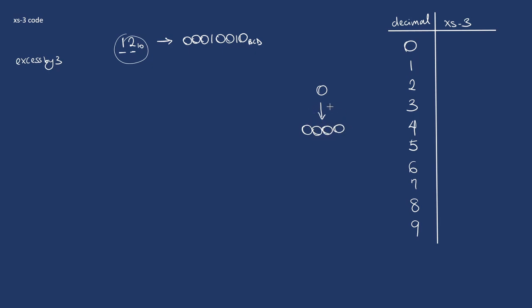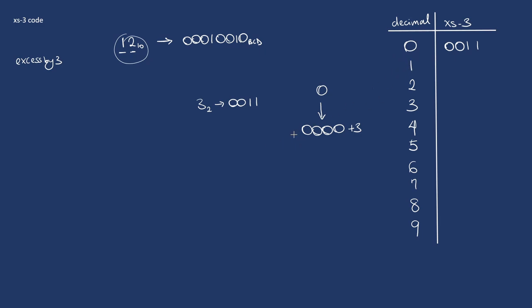It will be 0000. But now that we're working with XS3, XS3 is the number in BCD plus 3. Remember 3 in base 2 is 0011. So whatever number we would normally have in binary, we're going to add 0011 to this. So that means 0 is actually going to be 0011.